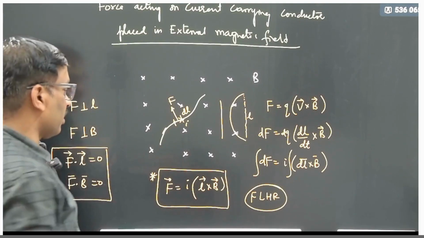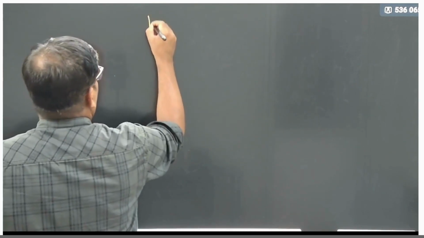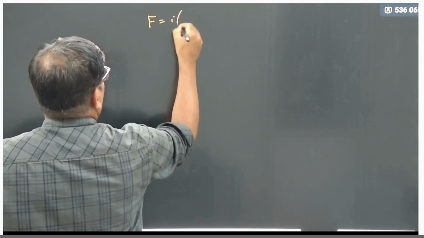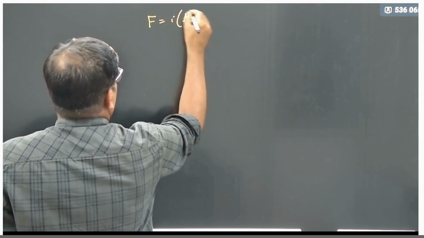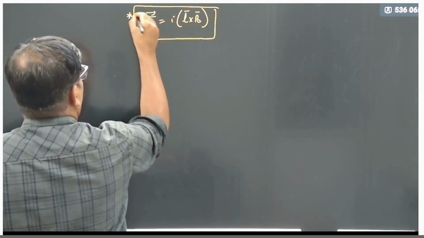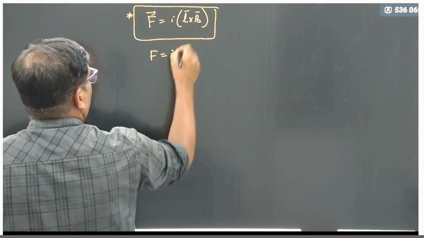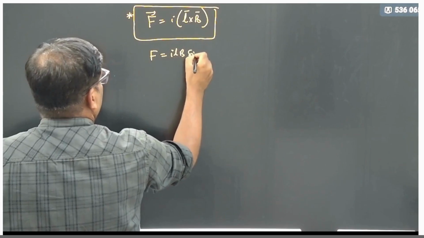Again, one more small concept: F equals I into L cross B, which we can rewrite as I L B sin theta.